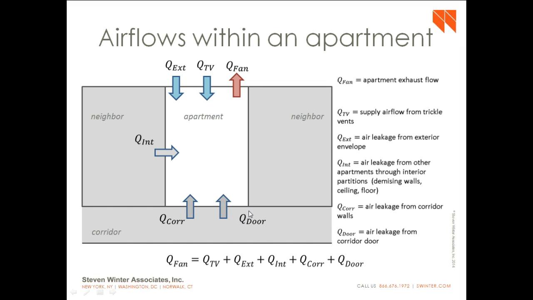Airflow under the corridor door is not good, airflow through the corridor wall is not good, and airflow through interior walls, floors, and ceilings from your neighbors is not good, but all of those equal the flow from the fan.